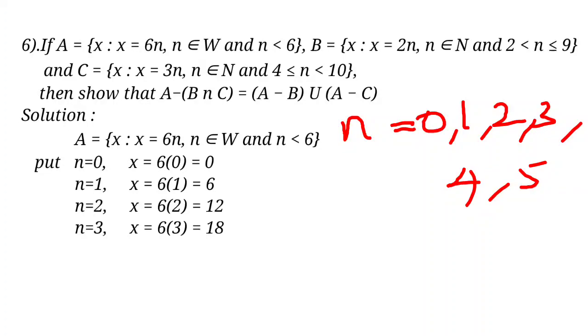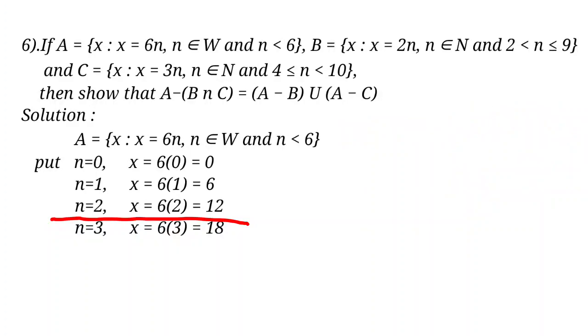x is equal to 6 into 0 is equal to 0. Put n is equal to 1, then x is equal to 6 into 1, we get 6. Put n is equal to 2, then x is 6 into 2, we get 12. Put n is equal to 3, x is 6 into 3, we get 18.